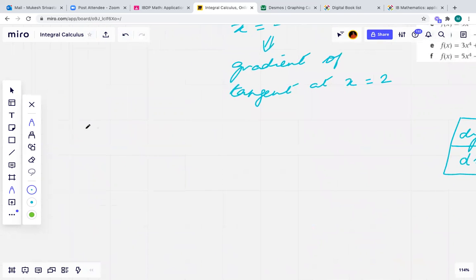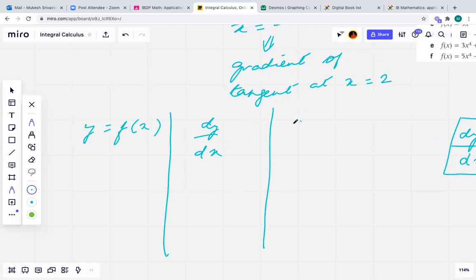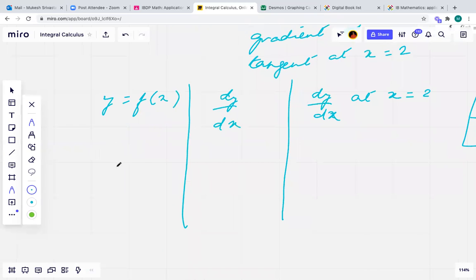See, my f of x, y, dy by dx. So if you say y equal to f of x, when y is 6, the derivative is 0.